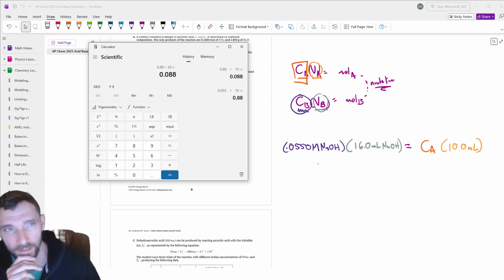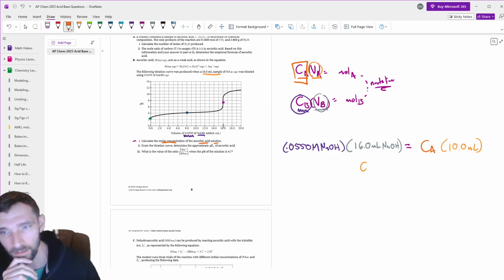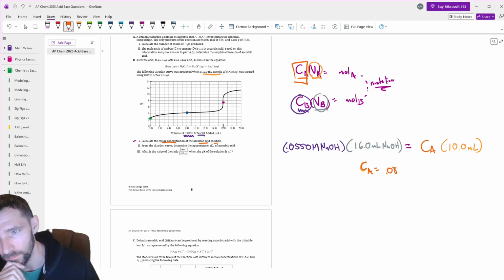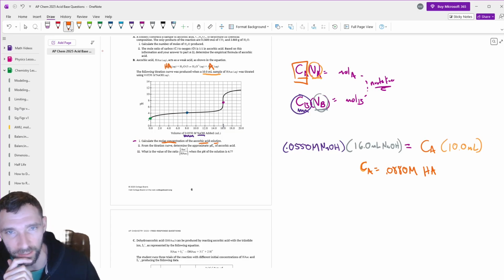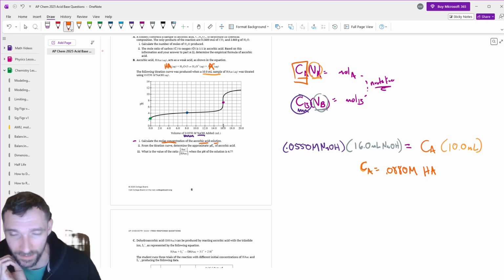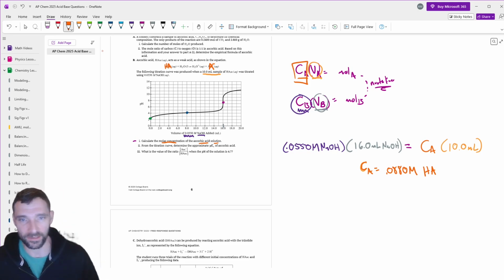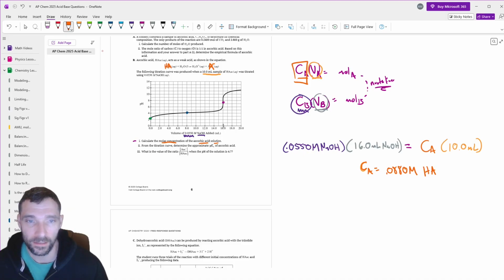And we're getting this concentration of the acid initially to be 0.0880 molar of, I'm going to call it HA. So instead of having this HAsc, we're just going to simplify it down to HA, and then Asc minus will just be A minus. It's just the generic terms for an acid, so we're going to just work with that.